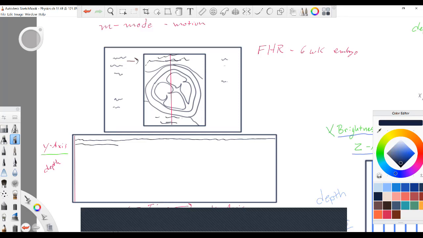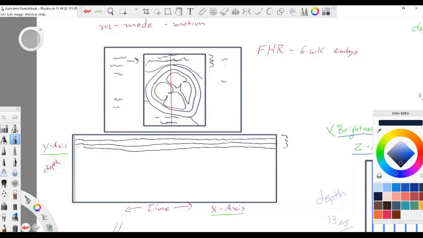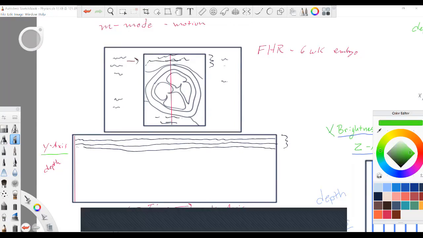Maybe there's a few levels of this. What I just drew here corresponds to the picture, right about there. Not much going on. I could have drawn a little more motion in there, because when the heart moves, everything around it moves, but I didn't draw much.